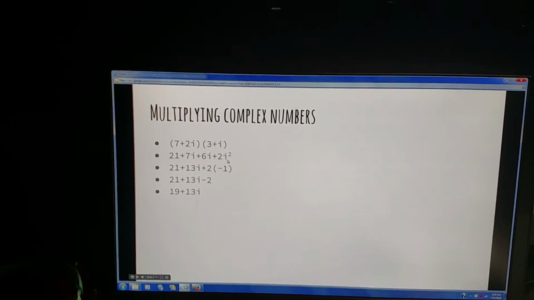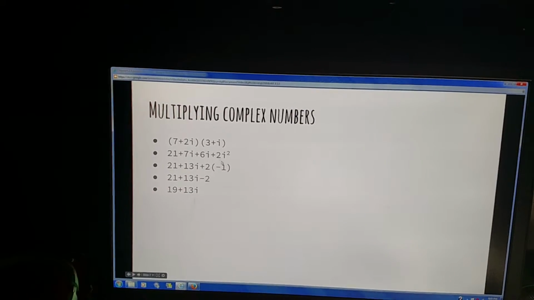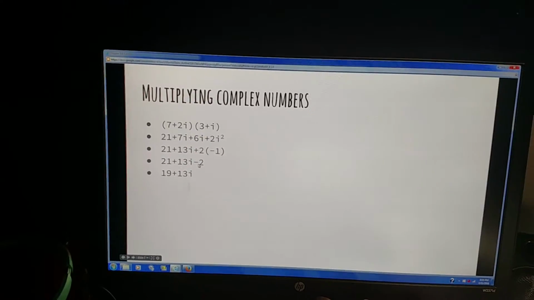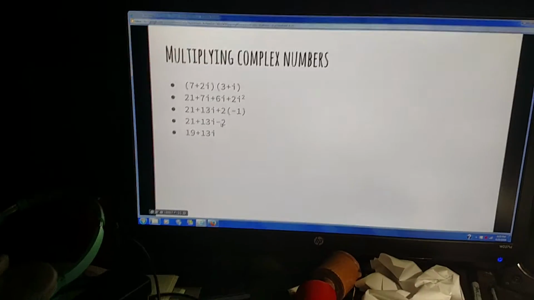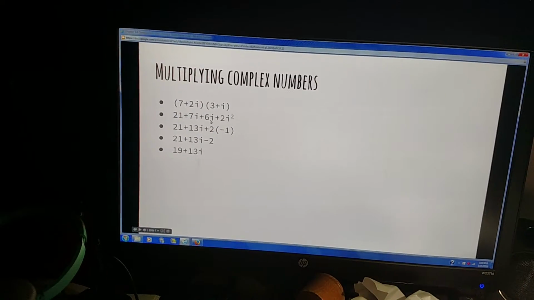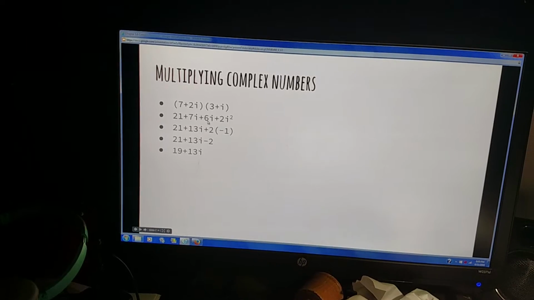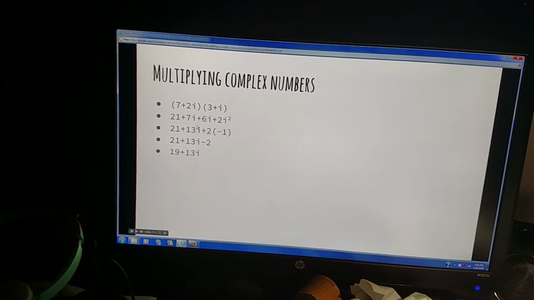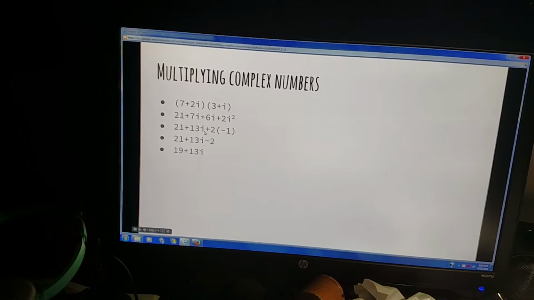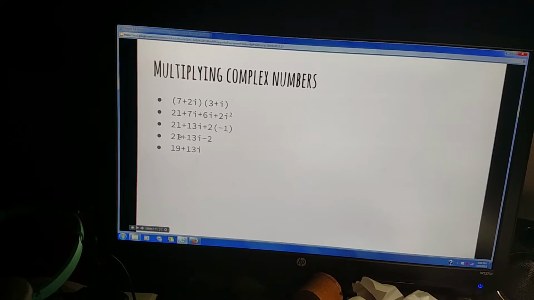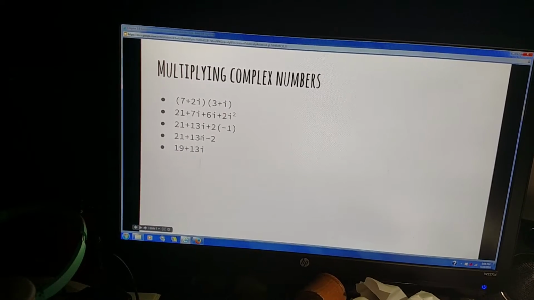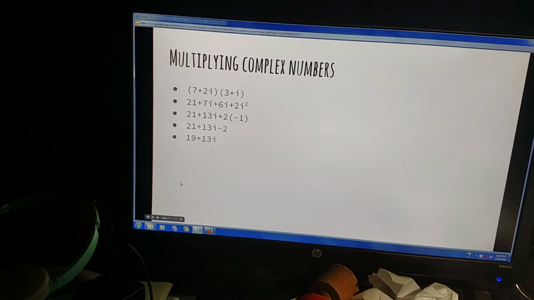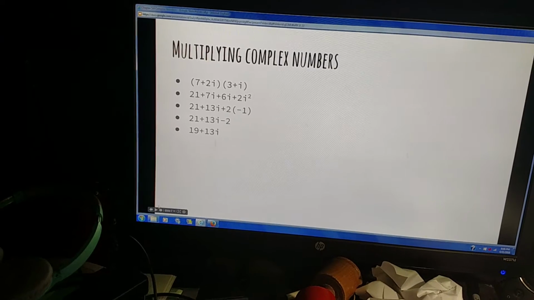And since i squared equals -1, the 2i squared becomes a negative 2. So all we have to do is combine like terms. 6i plus 7i will equal 13i, and then you do 21 minus 2, and you'll get 19 plus 13i.